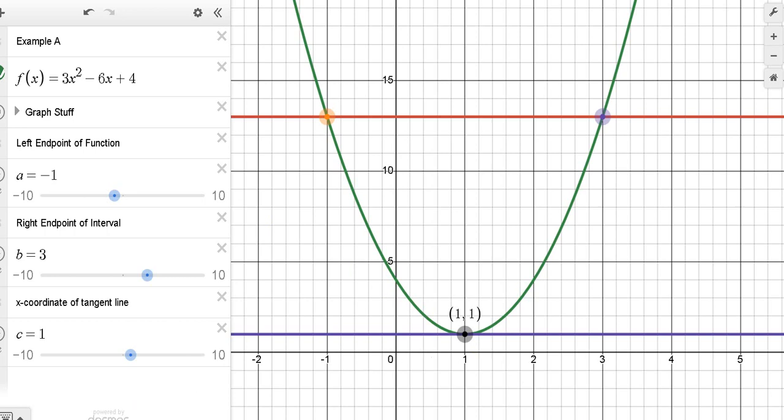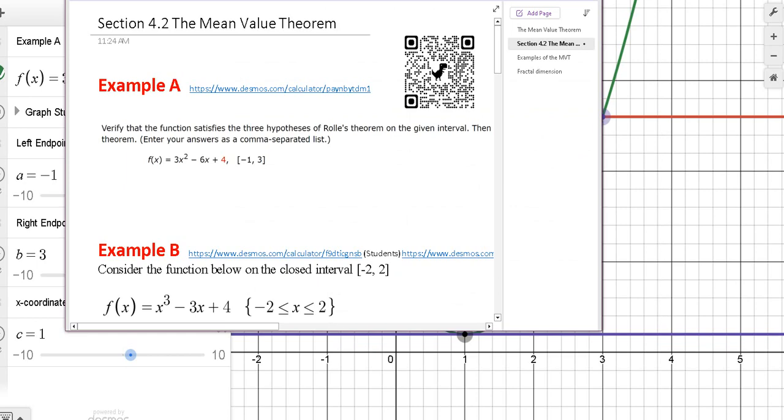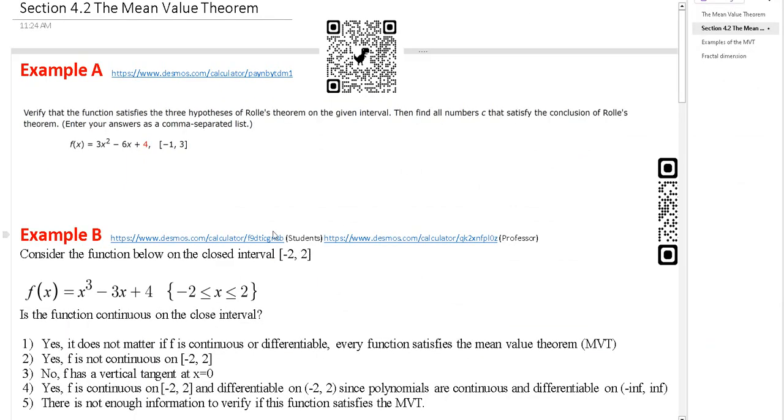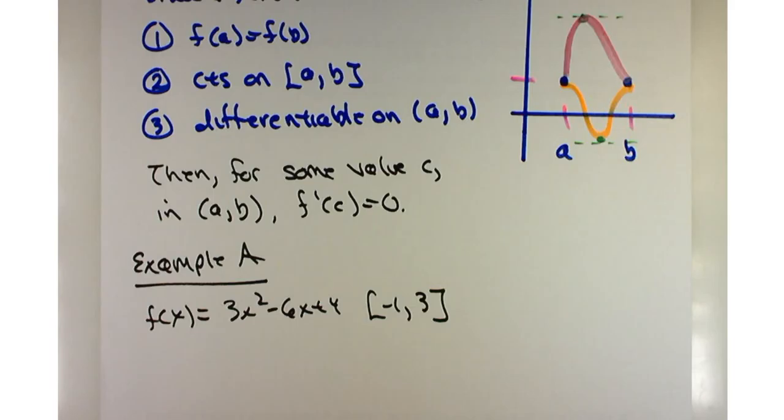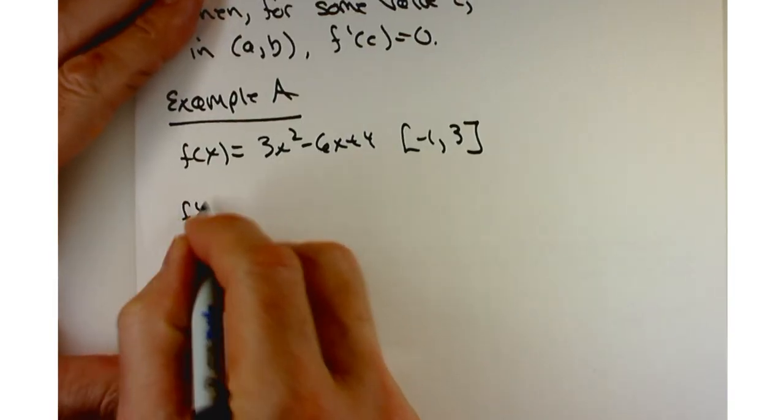That's what Rolle's theorem is guaranteeing us to be able to find. So the problem asks you though to find all values of x that satisfy Rolle's theorem. Let's see if we can do that algebraically rather than just working with Desmos. So first thing we need to do is calculate f prime of x.